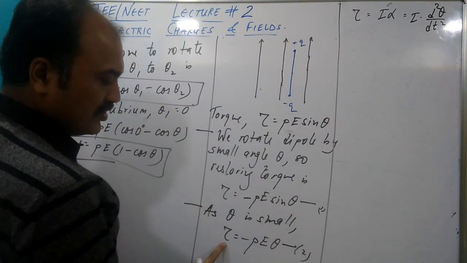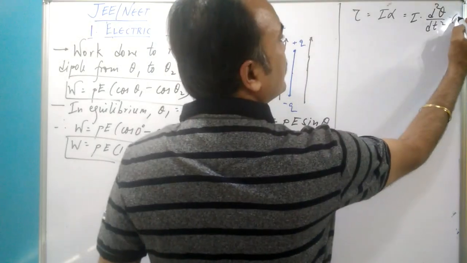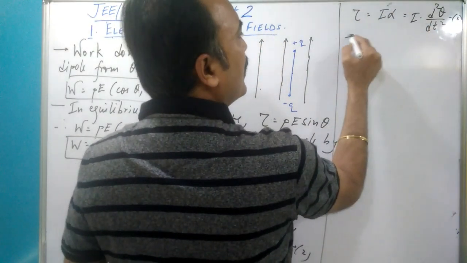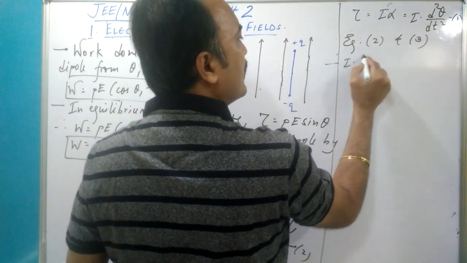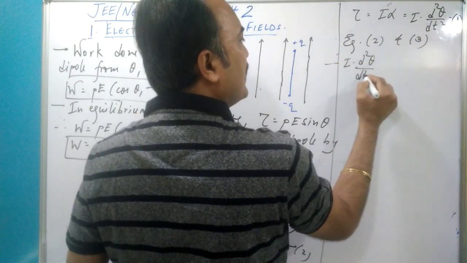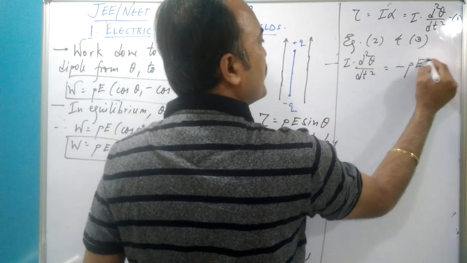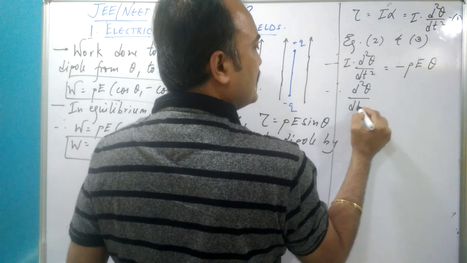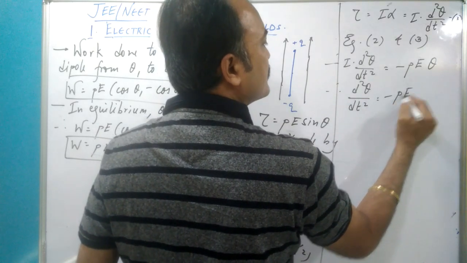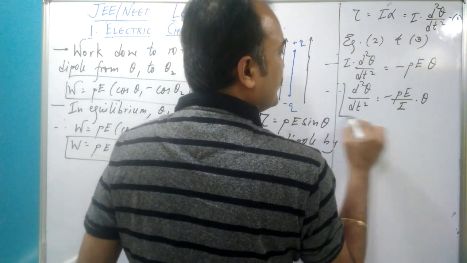Look at equation number 2. This is also tau. Look at equation number 3. This is also tau. Let me equate 2 and 3, which gives me I d square theta by dt square is minus PE theta. I take I down here. d square theta by dt square is minus PE by I theta.